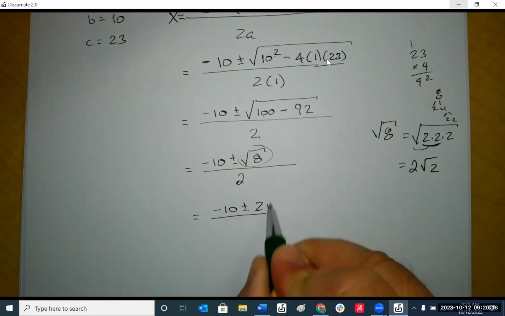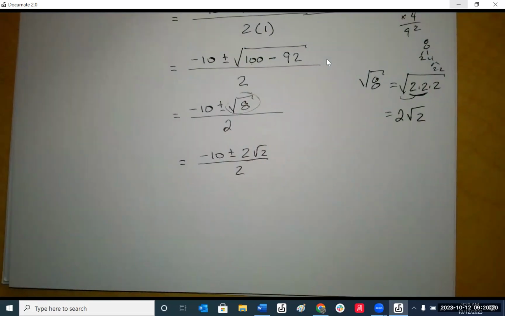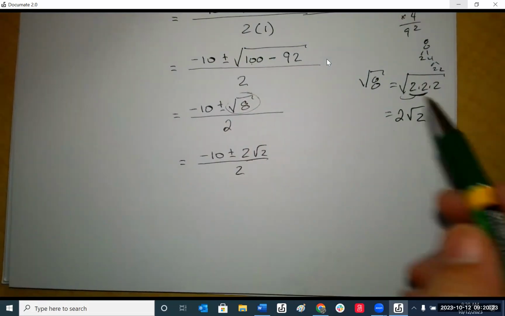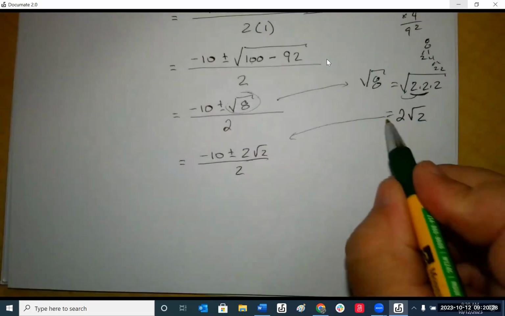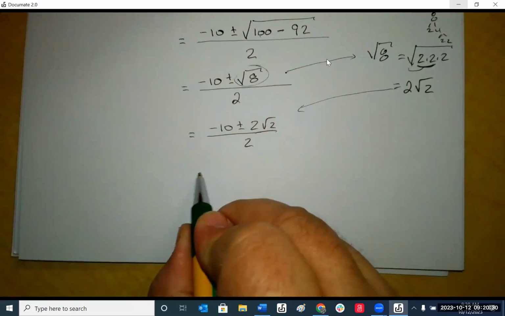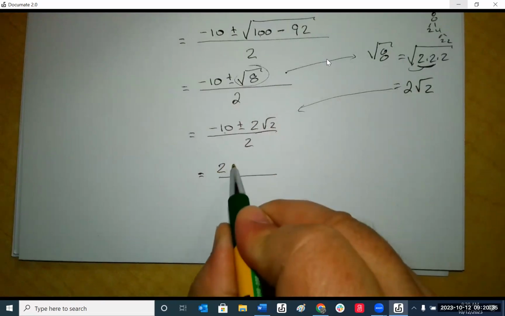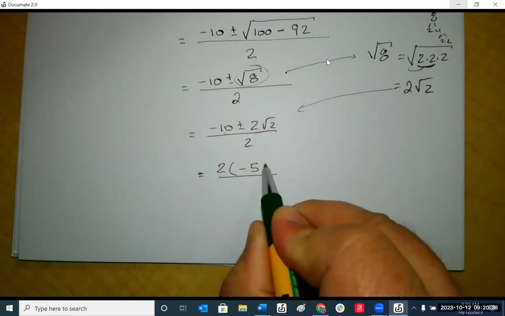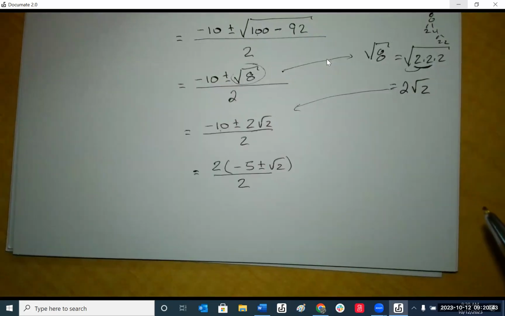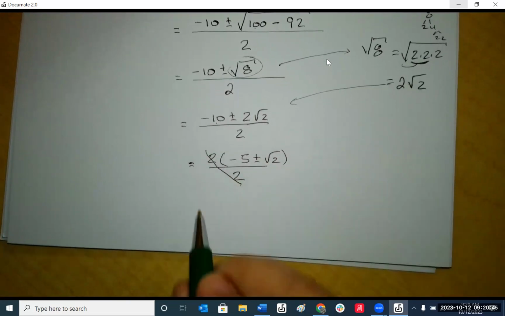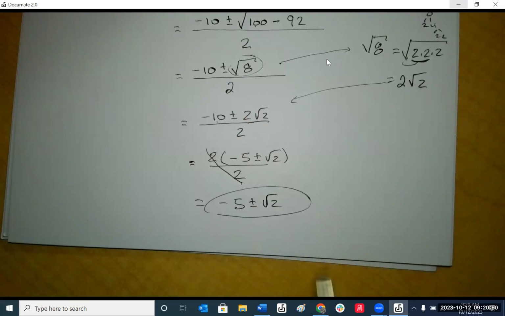Negative 10 plus or minus 2 square root of 2, over 2. On the top, 10 and 2 both have a 2 in common, so I can factor it out. And the 2's cancel. So our answer is like we thought.